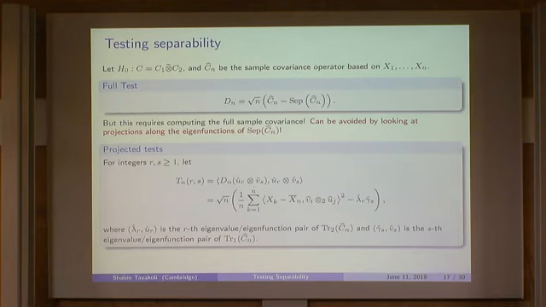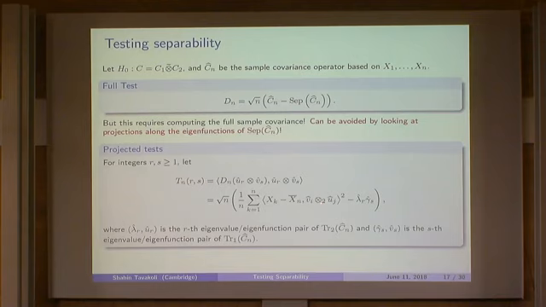And essentially what this is doing, on the left here, you're projecting every centered data onto the eigenfunctions v_r tensor u_s, taking the square of this.